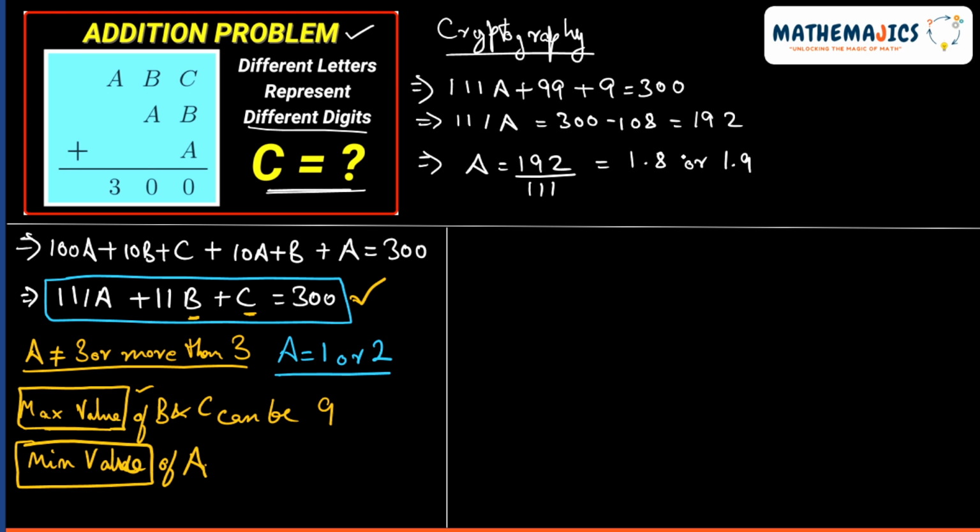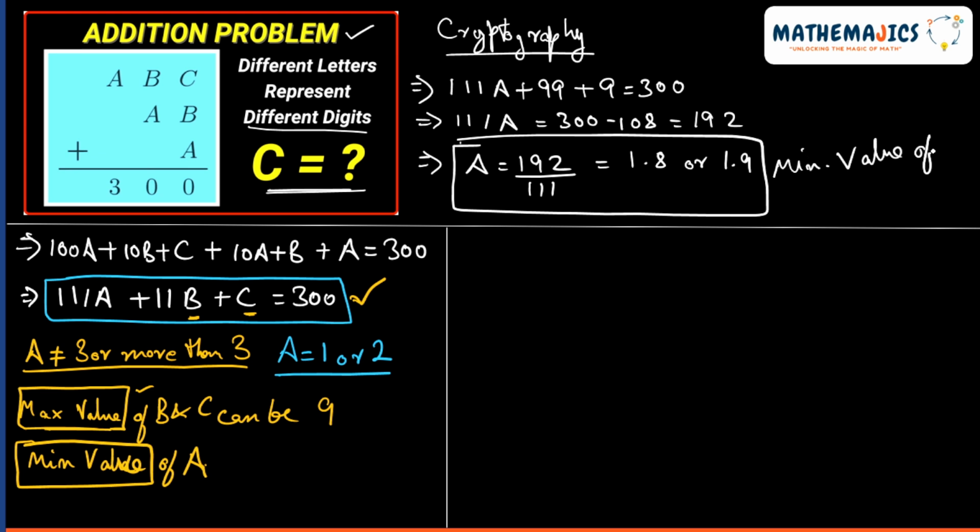This is the minimum value of A, because we chose the maximum value of B and C.